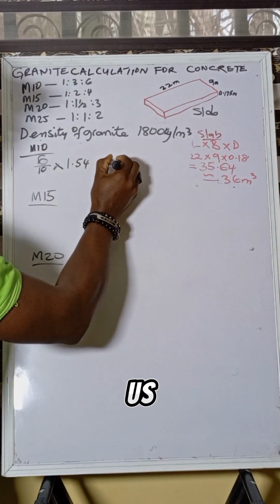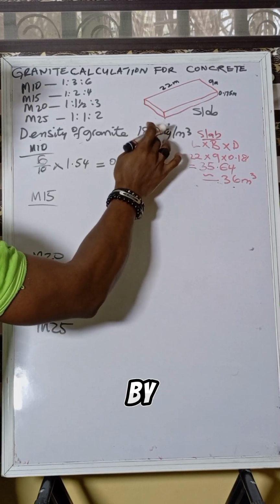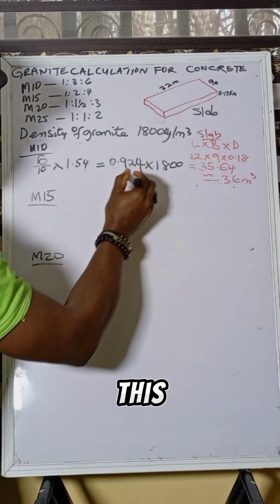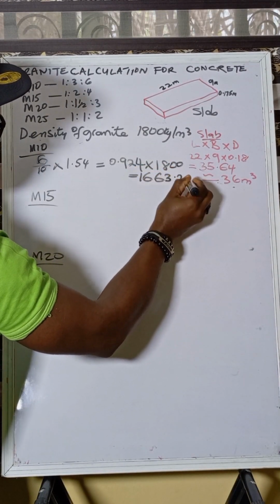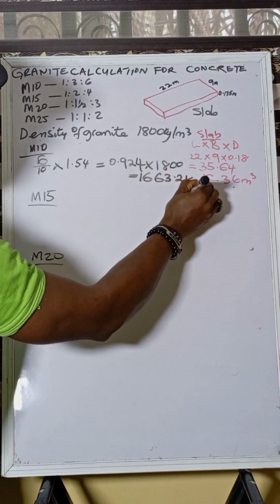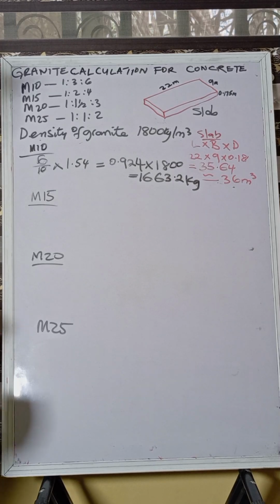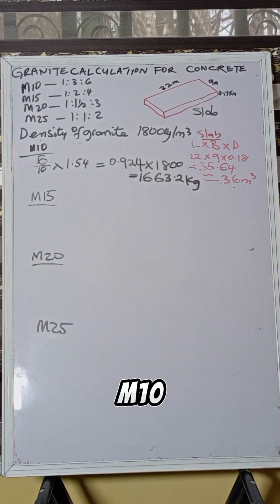This will give us 0.924. We multiply this by the density, 1,800. So this will give us 1,663.2 kg. That is the quantity of granite required for M10.